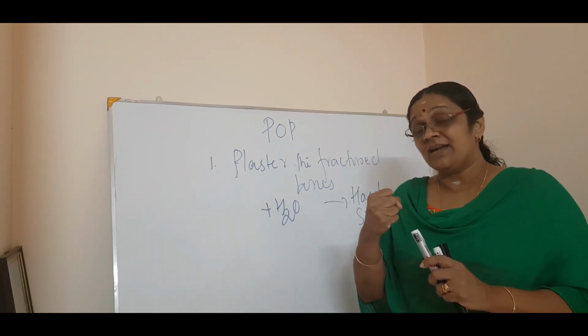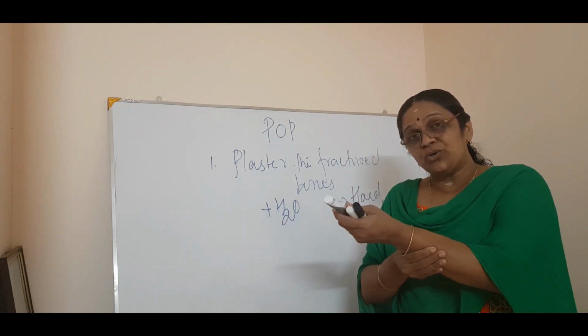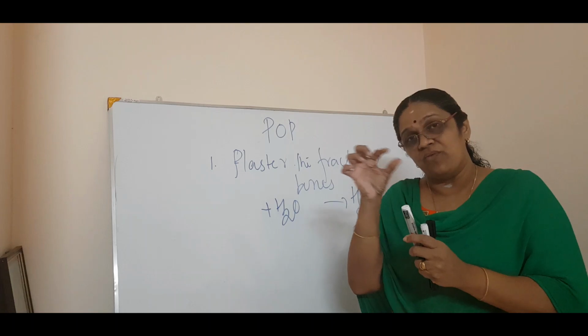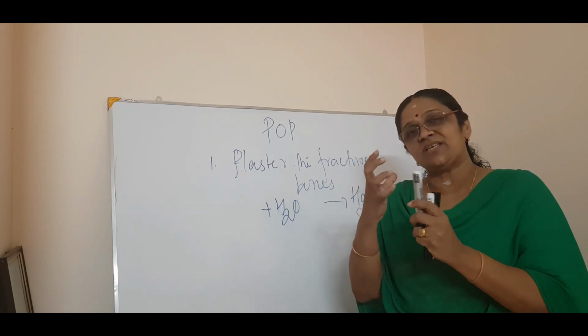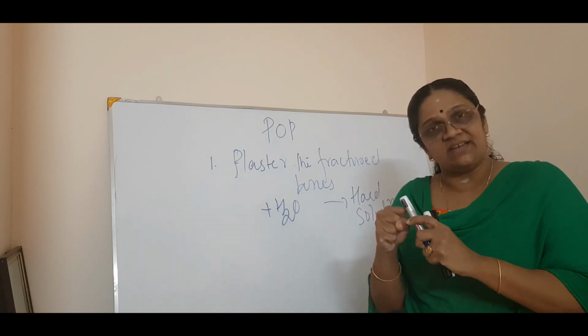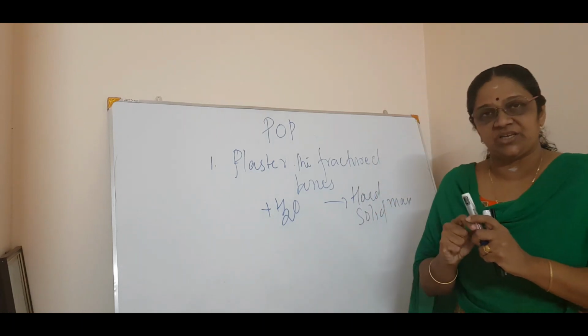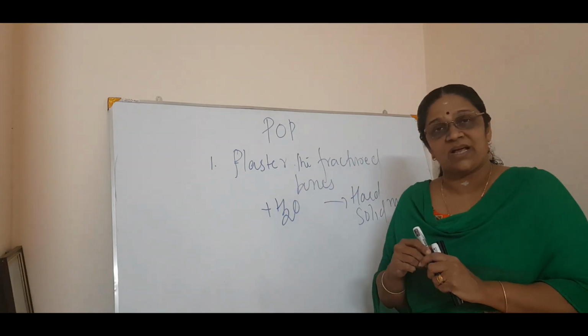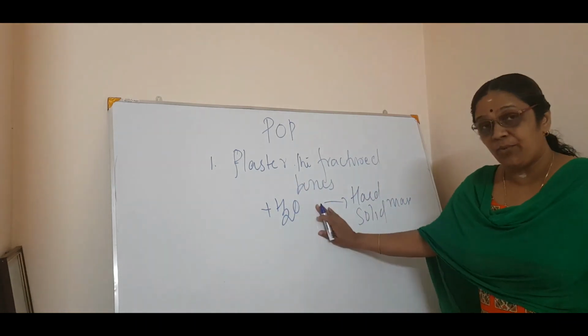The aim is to keep the fractured bone intact. It should not move. That is why you apply plaster of Paris, and since it is a very hard mass, it won't get dislocated. Dislocation doesn't happen. That is why this is a very important use of plaster of Paris.